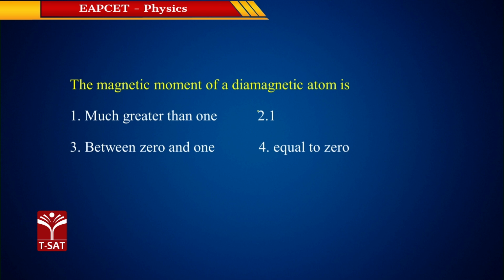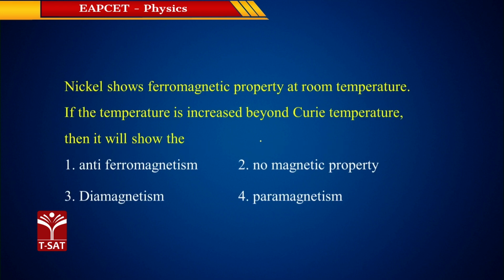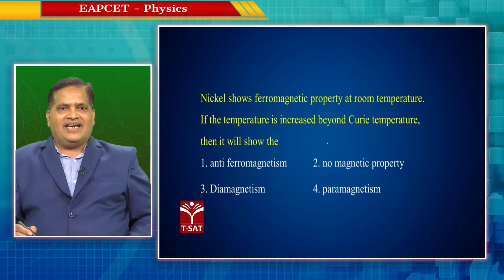The magnetic moment of a diamagnetic atom is equal to 0, children, that value is equal to 0. And next, nickel shows ferromagnetic property at room temperature. If the temperature is increased beyond Curie temperature, then it will show what, children?